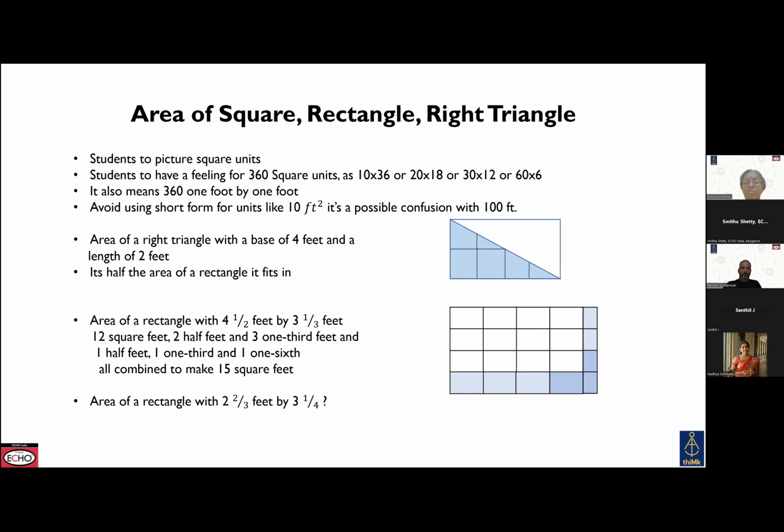And you can still make it with area of a rectangle of 2 2/3 feet by 3 1/4 feet. So even with this, if you start drawing, you don't need to stick to this concrete drawing forever. It's probably for 2 days you stick with the drawing, they will get the hang of it, and then they just have to multiply these two fractions to get the area, is what they would understand.